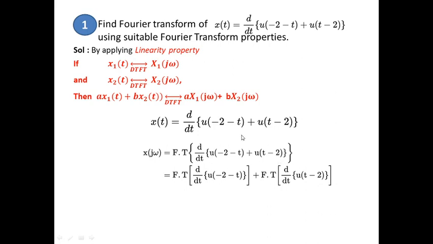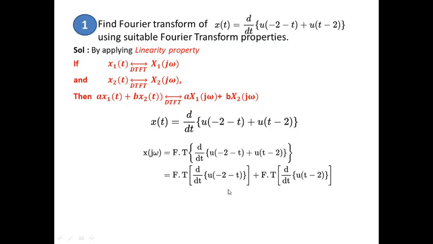Now if you apply the linearity property, the Fourier transform of one signal plus another signal will be the Fourier transform of the first signal plus the Fourier transform of the second signal. So we are getting the Fourier transform of d by dt of u of minus 2 minus t plus the Fourier transform of d by dt of u of t minus 2, right?